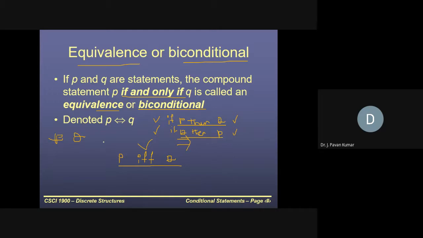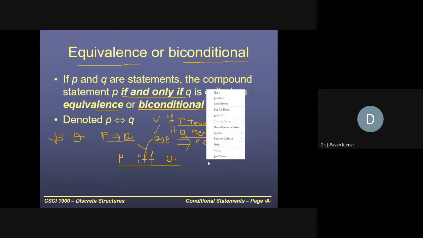So we will write P, Q, then P implies Q, and Q implies P also we will calculate. If P implies Q is true and Q implies P is also true, then the resultant, P biimplies Q, is also true. We will denote it with this symbol.